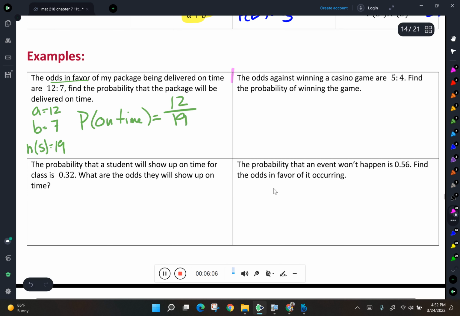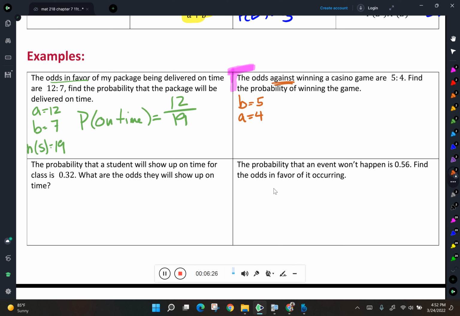This one's a little trickier. I just wanted you to know that it's written purposefully to be somewhat deceiving. It reads, the odds against winning a casino game are 5 to 4. That means that our B is 5 and our A is 4 because it's written as odds against, not odds for.